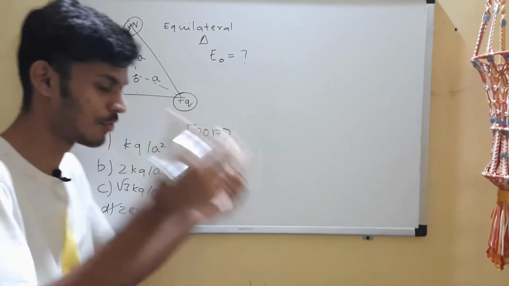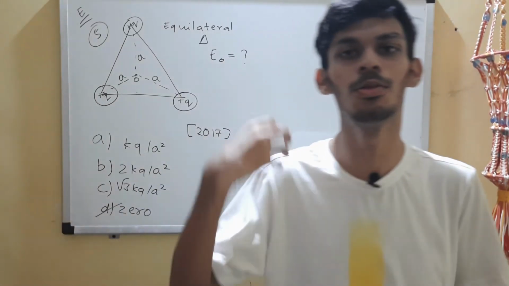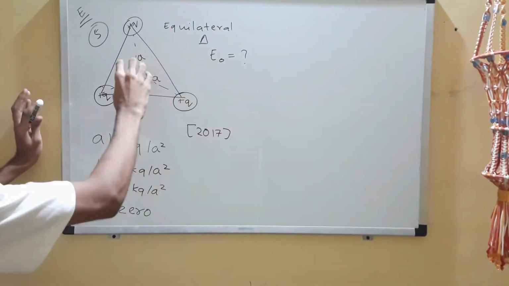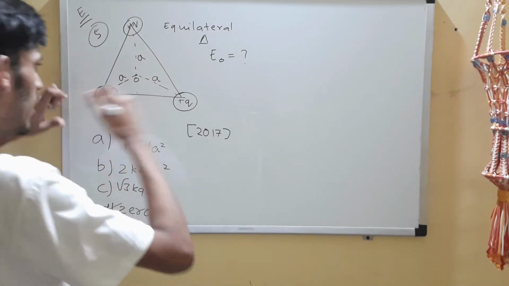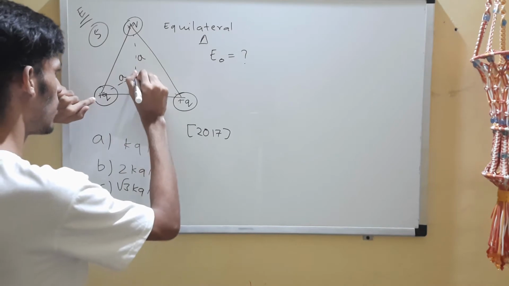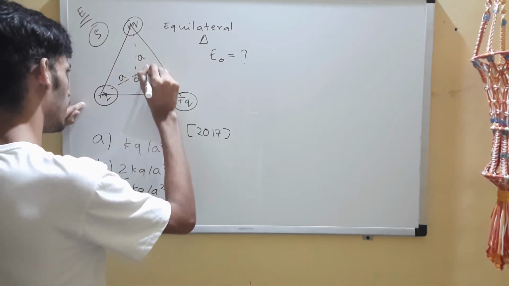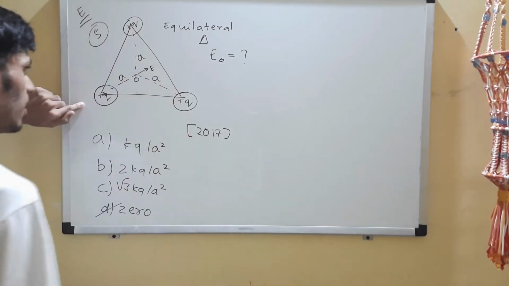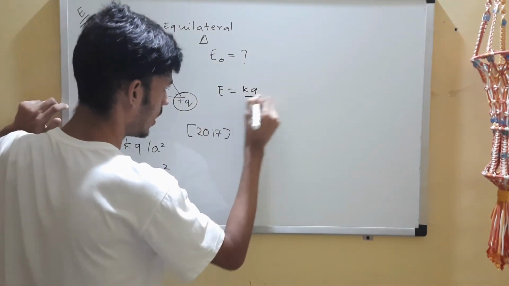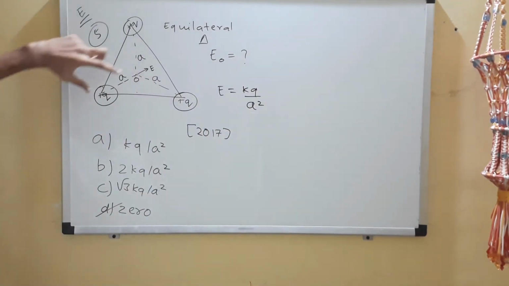I'll just give you a feel for it. I'll also tell you the approach to prove it, and you can go ahead and prove it. Anyway, you can see through symmetry that the electric field at this point will be 0. Now the electric field due to this charge q at this point will be in the outward direction, so let's call it E. The magnitude of this E will be nothing but kq by a square, at a distance a.